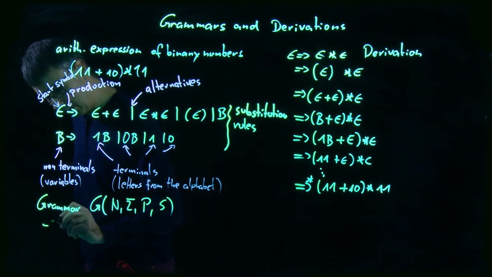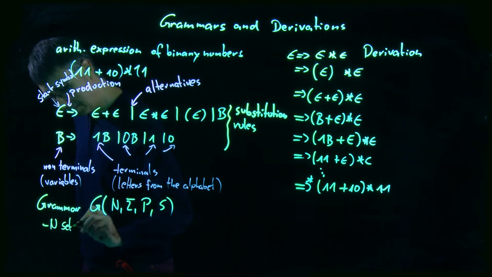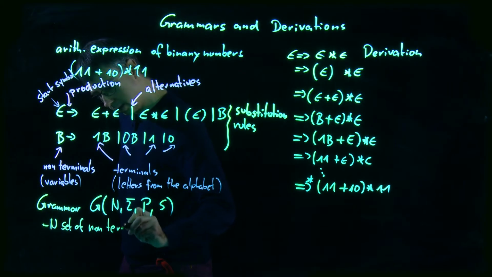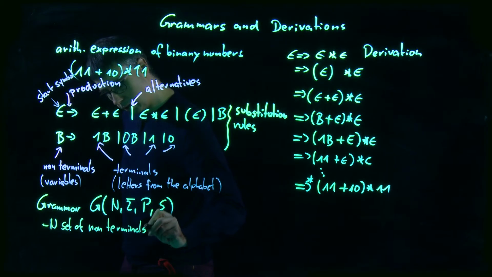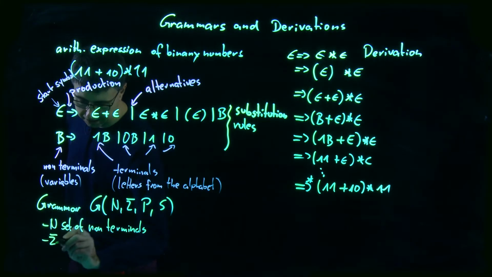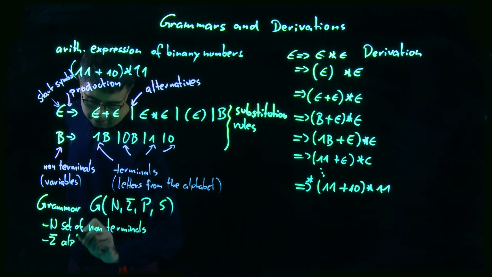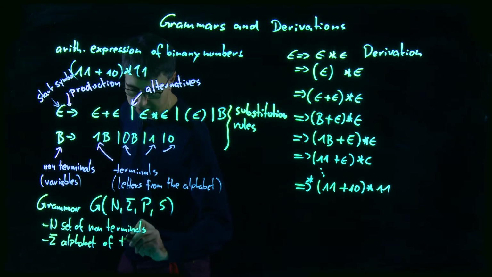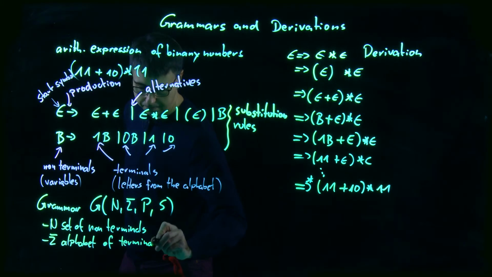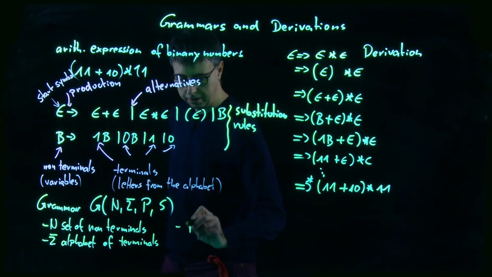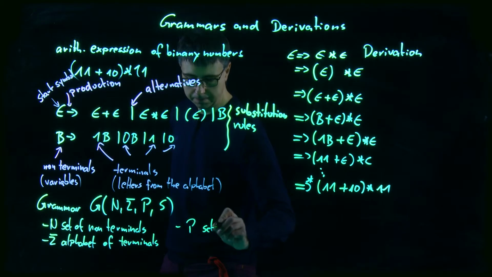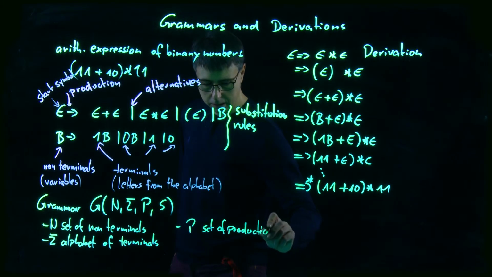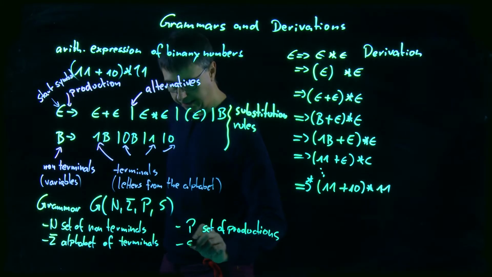So we have N as a set of non-terminals, we have sigma, the alphabet of terminals, we have P, the set of production rules, productions, and S, the start symbol.